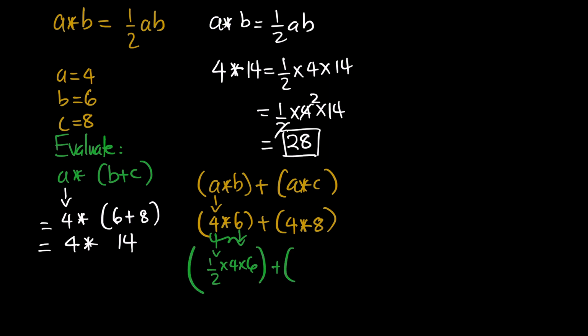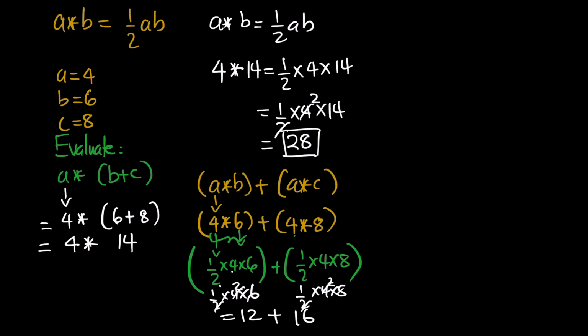Plus, this is also going to be half of A, which is 4, and the B, which is 8. And then we end up getting, this will cancel this out to be 2, and we get half of 4 times 6. This goes here to be 2, and we have 12 here. Plus, this is also going to give us half times 4 times 8. This goes here 2, and then we end up getting 16. And we end up getting 28.